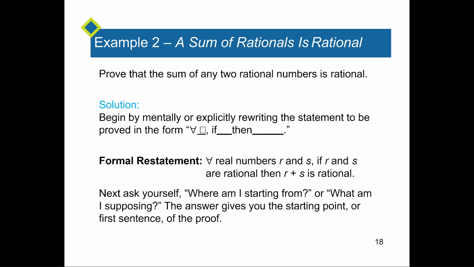If we can see the conclusion of what we need to get to, then we can just work backwards. So we have here: begin by mentally or explicitly rewriting the statement to be proved in the form of "for all something". It says prove the sum of any two rational numbers, so it only gives us two. Remember what we said at the beginning: an example is not a proof, right?